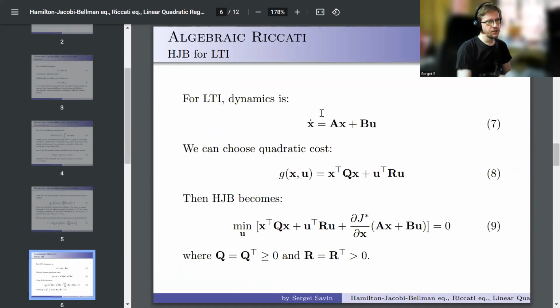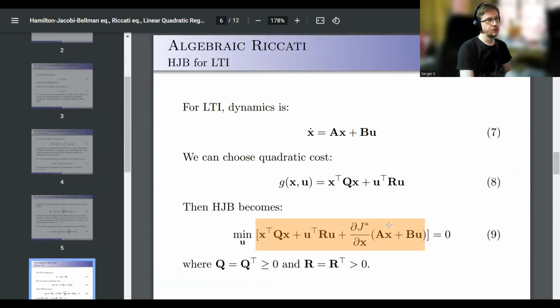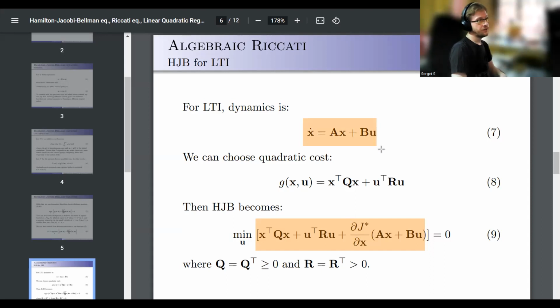If you are only working with this type of Hamilton-Jacobi-Bellman, you are instantly limiting yourself only to the systems for which you have this equation. So in this case, LTI. But you can instantly imagine maybe you would have LTV systems. Maybe you would have systems with some small nonlinearity or anything else. There can be a number of options.